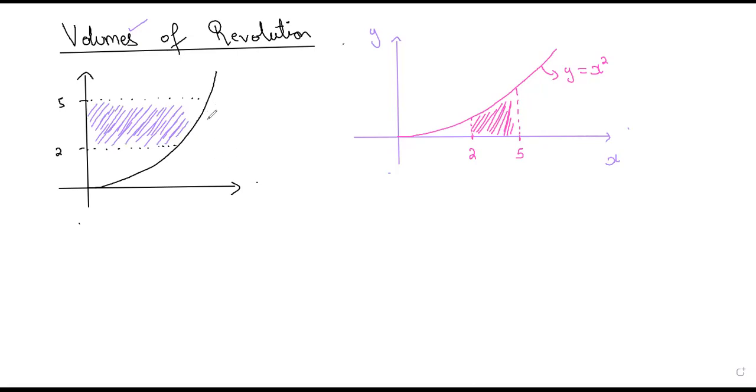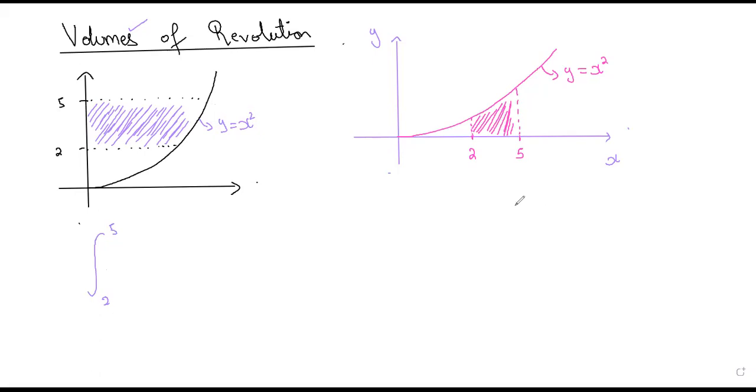So what exactly do we do here? Again, the equation is y equals x squared. It is not new. All this is old. This is what we have been discussing already, okay? Now, if I'm interested in finding out this purple region, what am I going to do? I would certainly integrate from 2 to 5, okay?